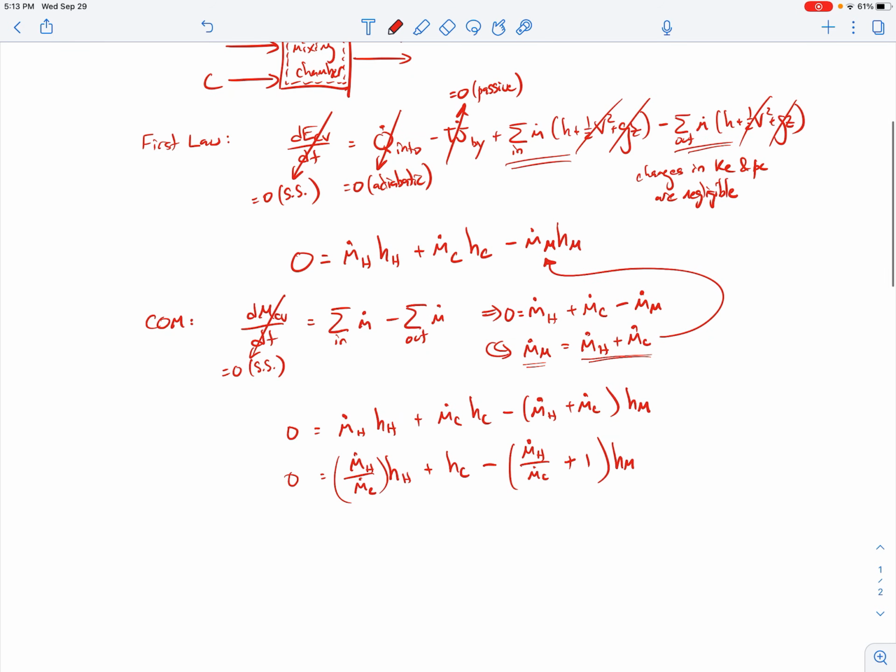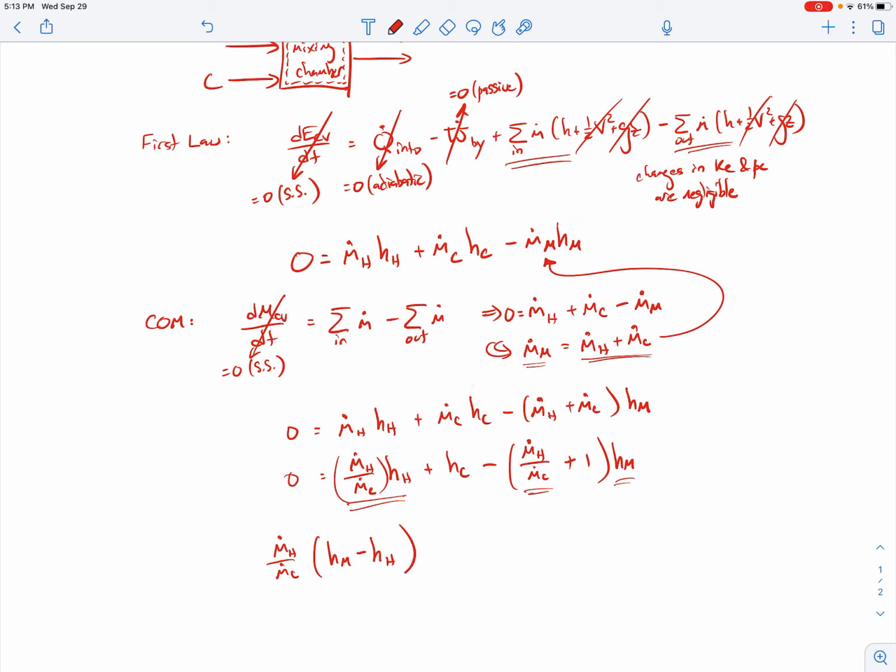And then I'll go ahead and gather this term and this term together, and bring those over to the left-hand side while I'm at it. So this will be m dot h over m dot c times hm minus hc.